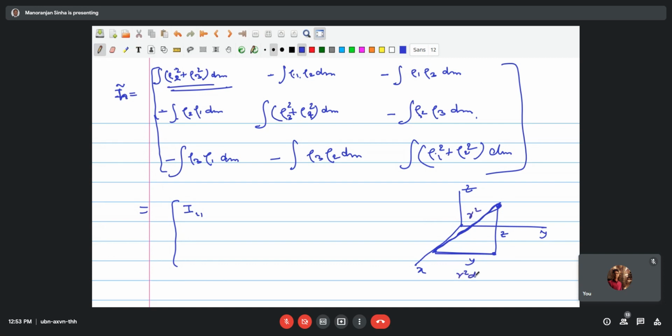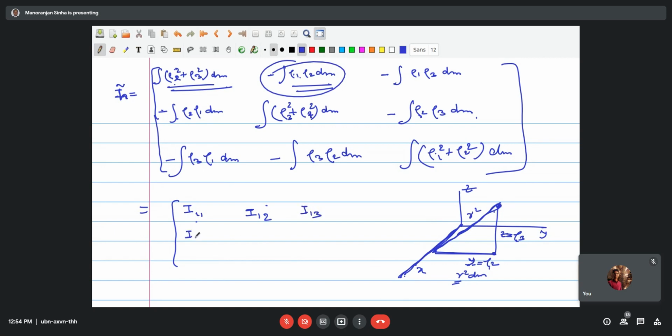So r square dm, this is the moment of inertia. So according to this notation, this is the second axis. So this becomes your rho 2 and this becomes your rho 3. So rho 2 square plus rho 3 square, that becomes the corresponding r square. So this is the moment of inertia about this axis. So this is given by I11. This is the product of inertia, and this is written with a minus sign. We will keep with this, and I will follow this standard notation.